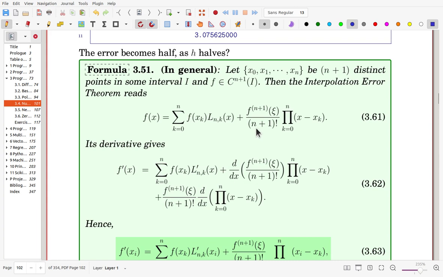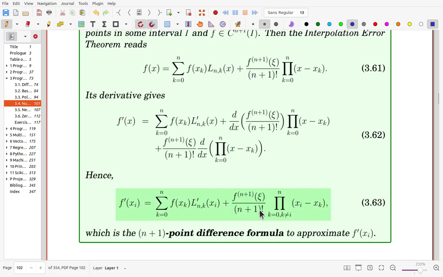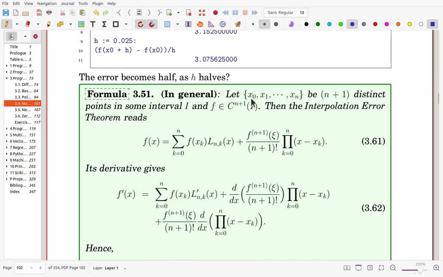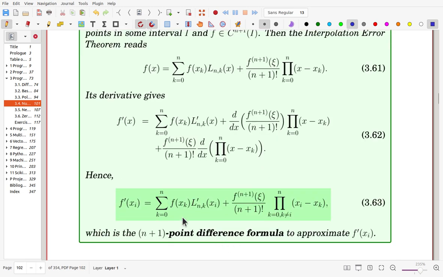And now for this product, we first differentiate this one and multiply this, and then we put it here, and for the second one, we get the derivative of this second term. Now here we try to evaluate at xi, the nodal points, and one of them here. In fact, for every xi, we can evaluate.